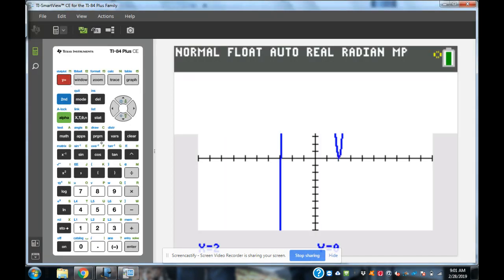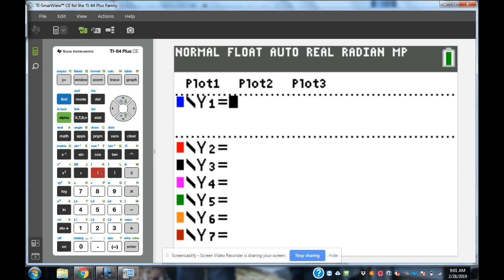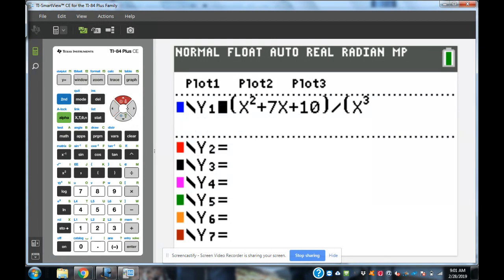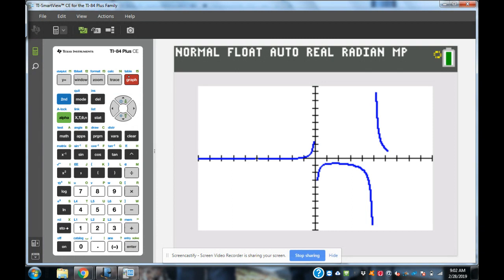So for the numerator, I type in the original, x squared plus 7x plus 10, in parentheses, then a division symbol, and then parentheses, and I type in the bottom, x to the third minus 25x. Close the parentheses, and I hit graph.